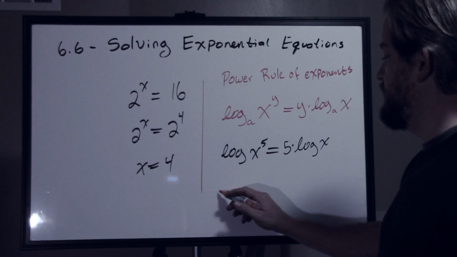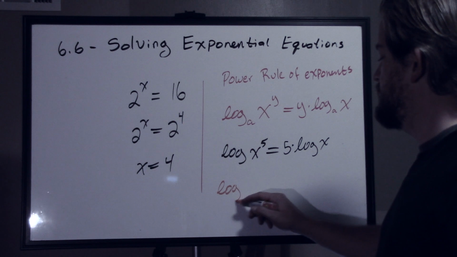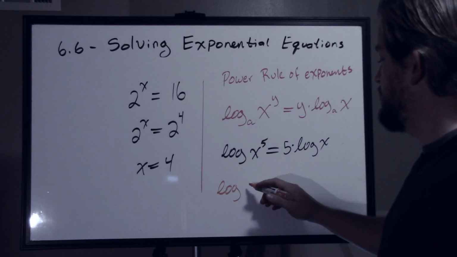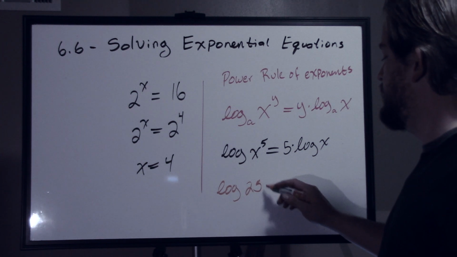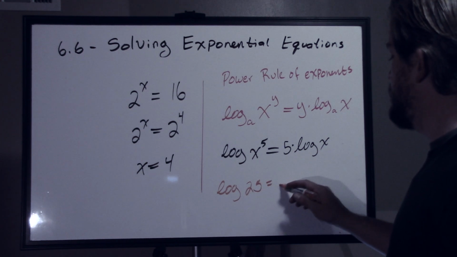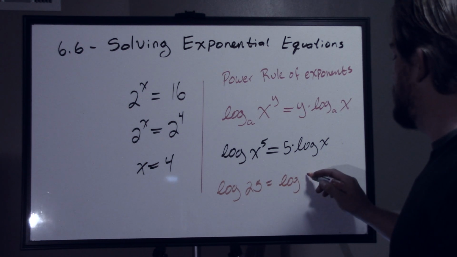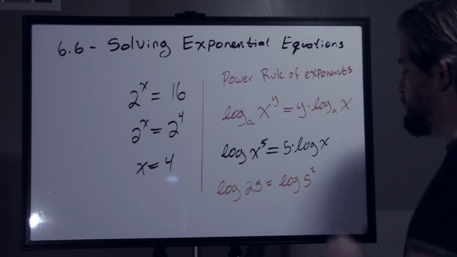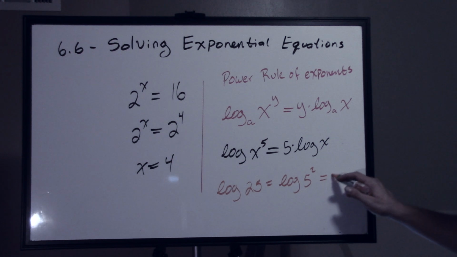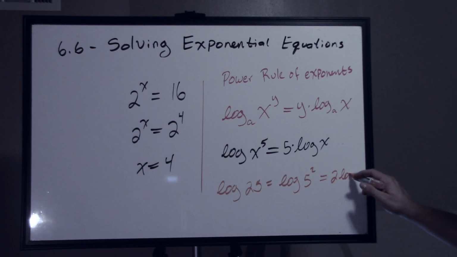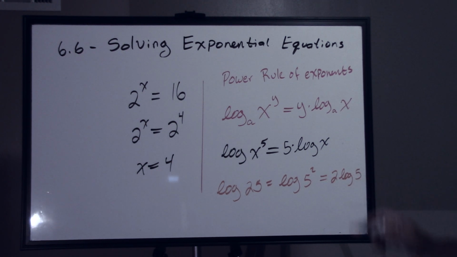If I plug in, let's say, the log of 25, right? Because the log of 25 is the same as saying log of 5 squared, because that's what 25 is, 5 squared. So I should be able to say that this is 2 times the log of 5, right?